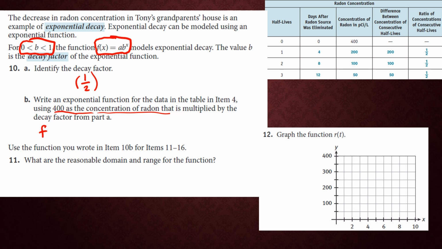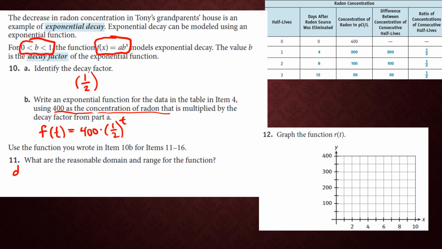The function based on time would be 400 to start with times 1/2 every time that another half-life went by. So now we're going to use that function to think about the reasonable domain and range.